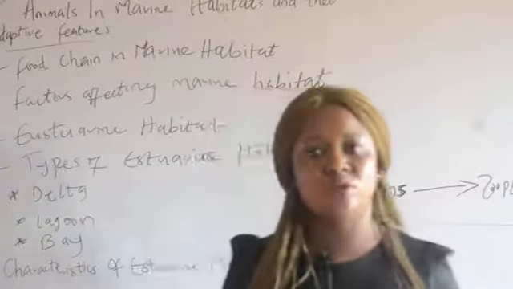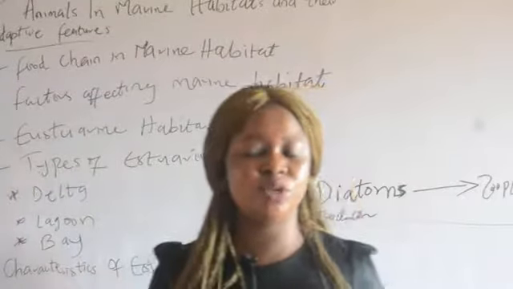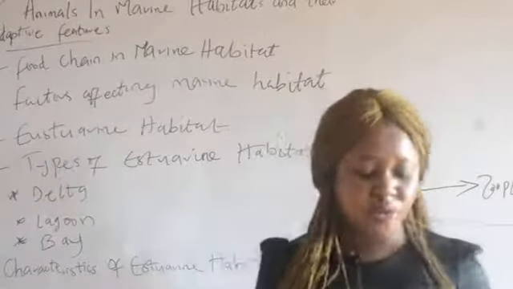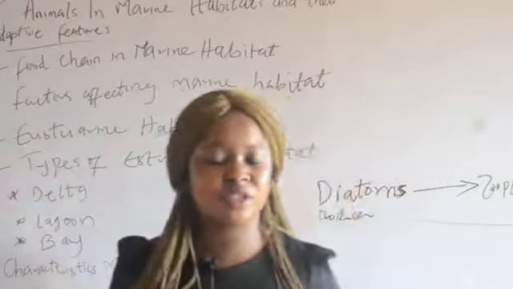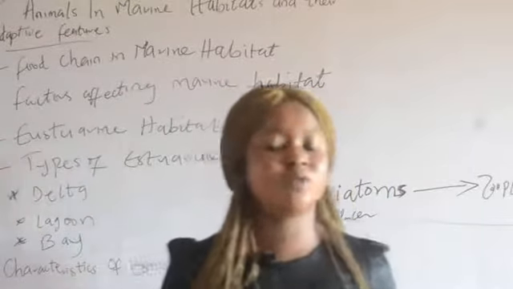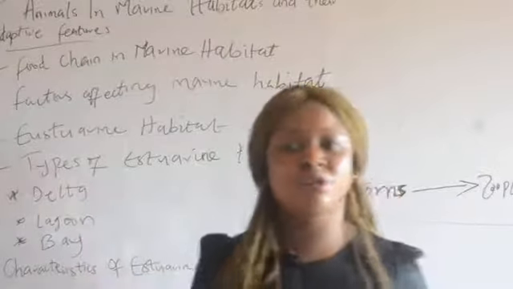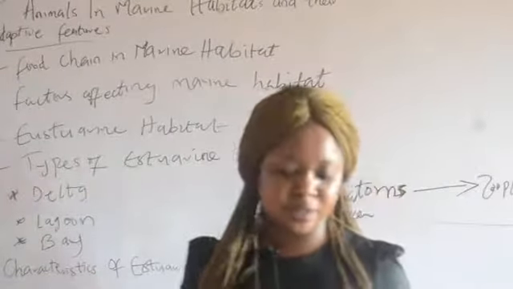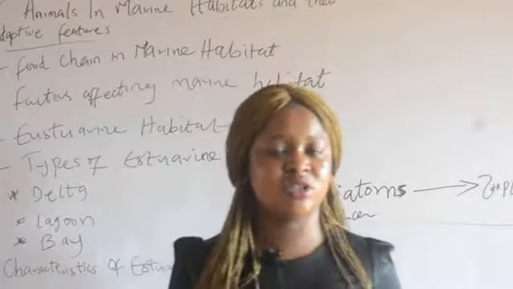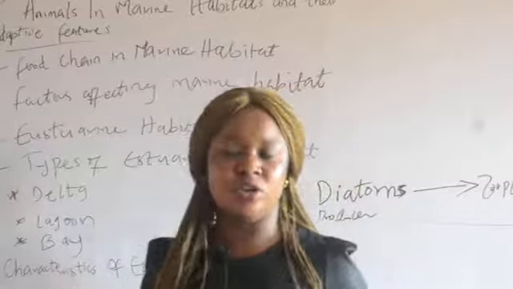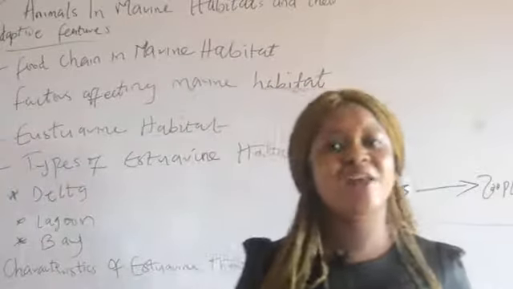The mixture of salt water and fresh water results in the formation of brackish water. Brackish water is the same as estuarine water, so you can call it brackish water, or the estuarine habitat. We have different types.